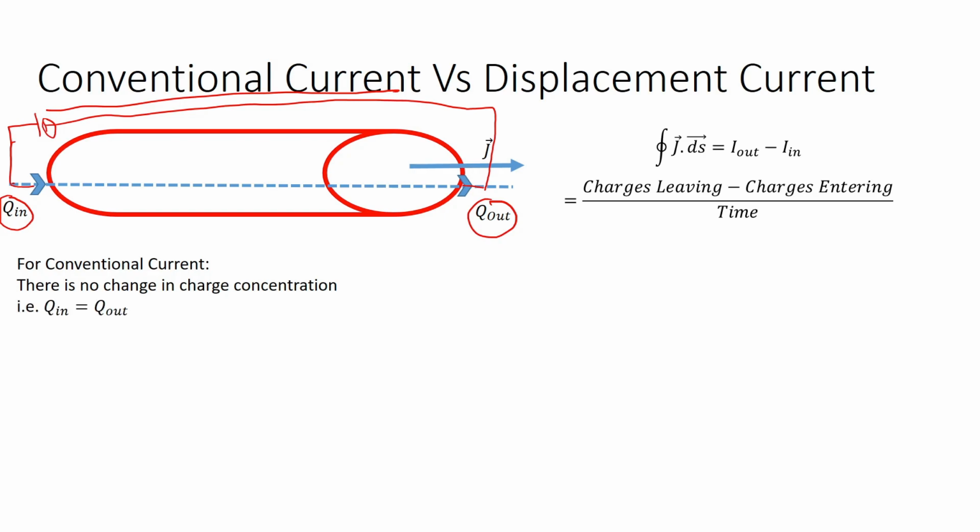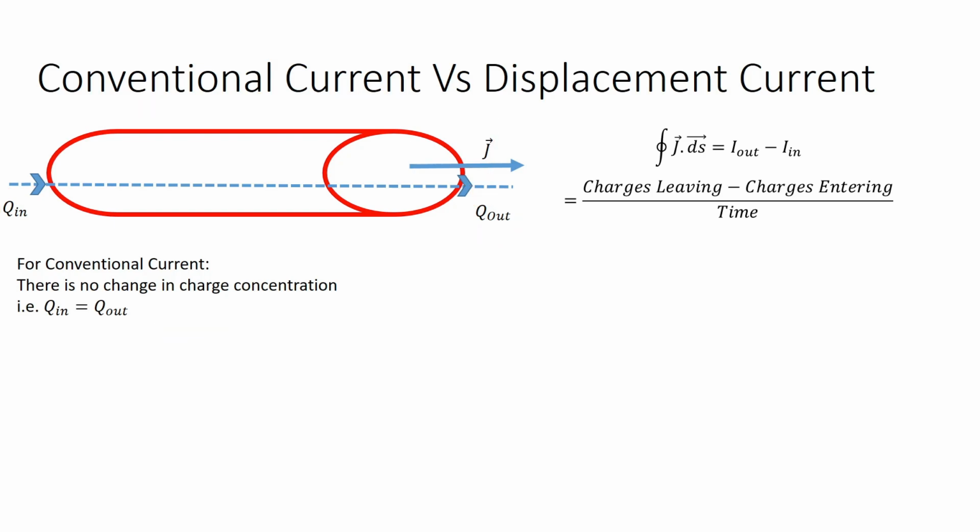Q in is equal to Q out. Therefore, there is no change in charge concentration. Written in mathematical form, dou rho v by dou t is equal to 0, because rho v is the charge concentration.